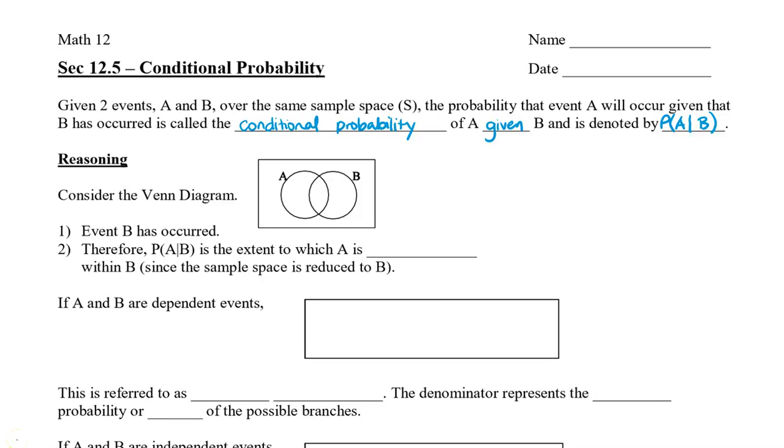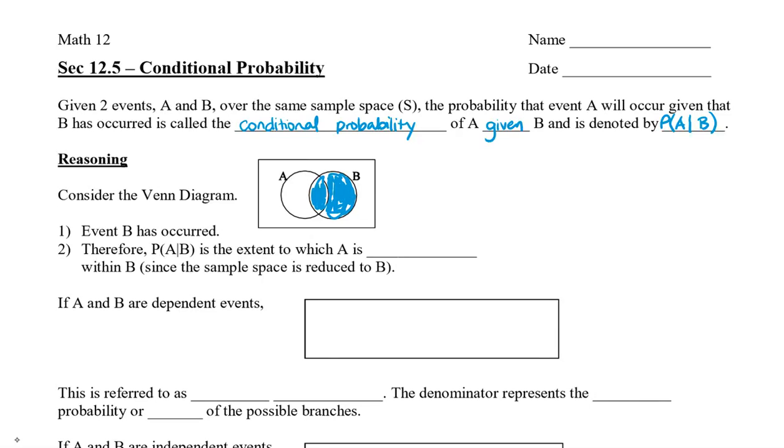Consider this Venn diagram. We have two events A and B, and they're overlapping. So let's say that event B has occurred. So I'm going to shade this in to say that event B has occurred.